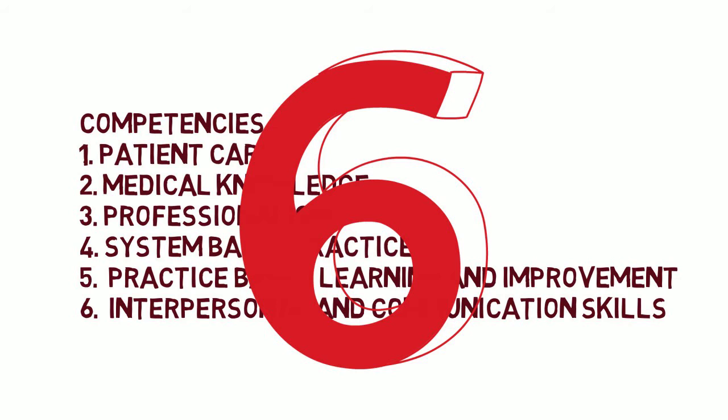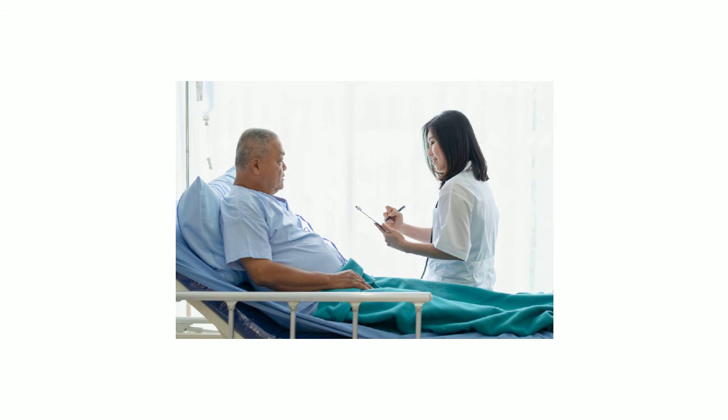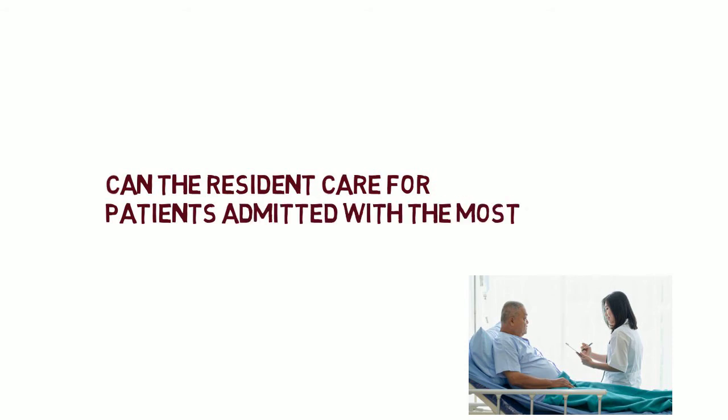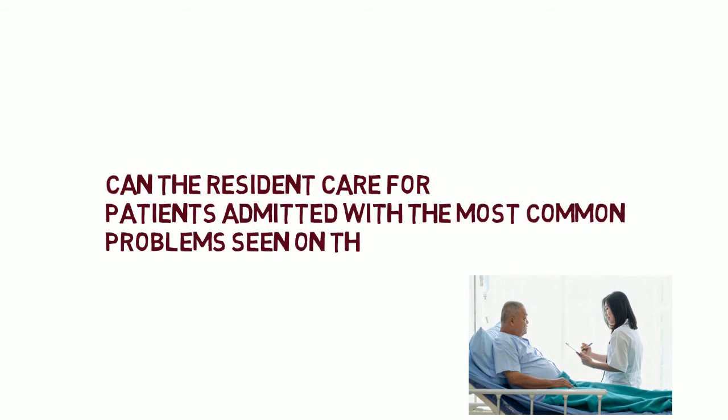For example, a wards rotation evaluation asks, can the resident care for patients admitted with the most common problems seen on the general medical wards? To do this, the resident must elicit an accurate history, perform an appropriate physical exam, and collect and interpret pertinent data.